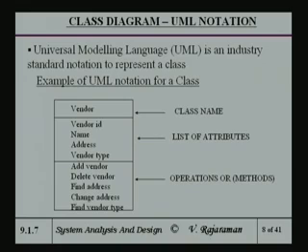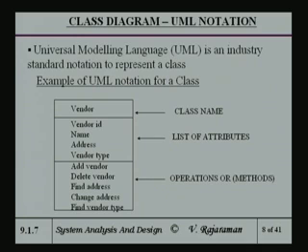Okay. So the UML notation for a class has a class name. For instance, I am taking a vendor. Vendor has a vendor ID, vendor name, vendor address, vendor type. I am just taking some attributes; there will be other attributes depending upon the application. And there are operations or methods.